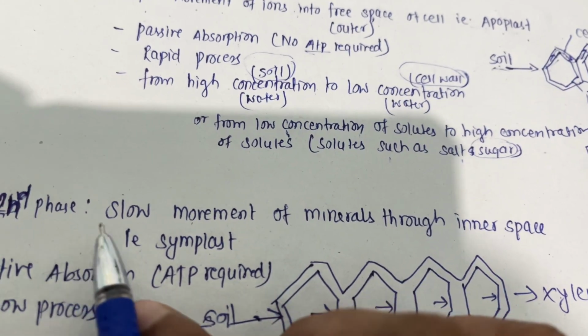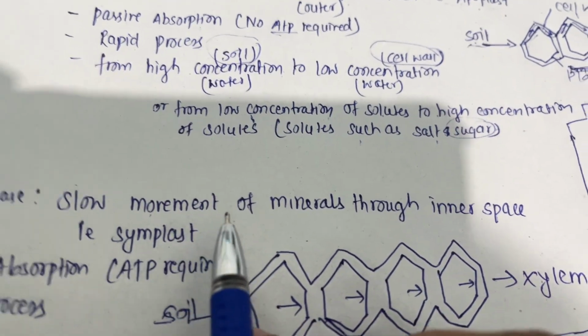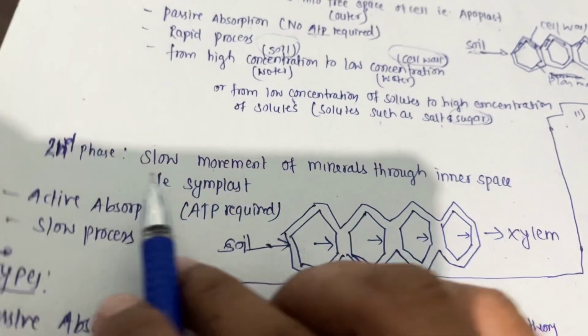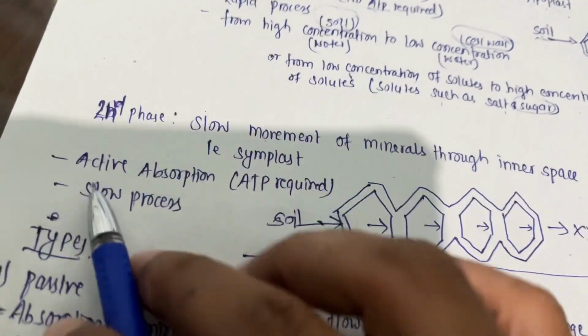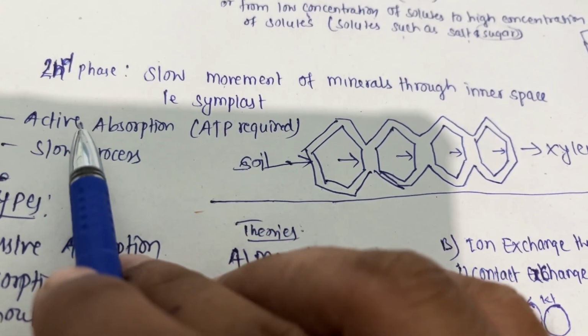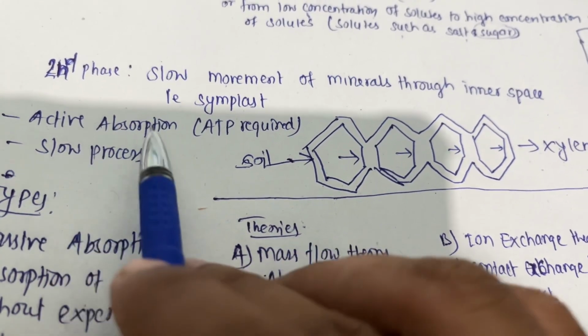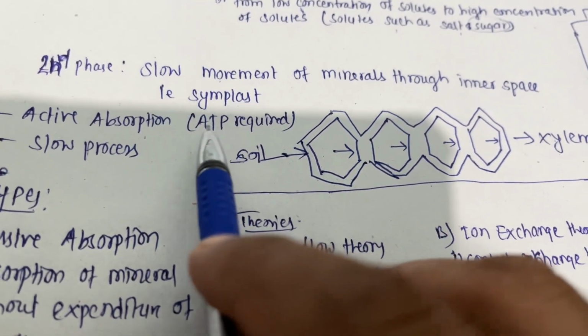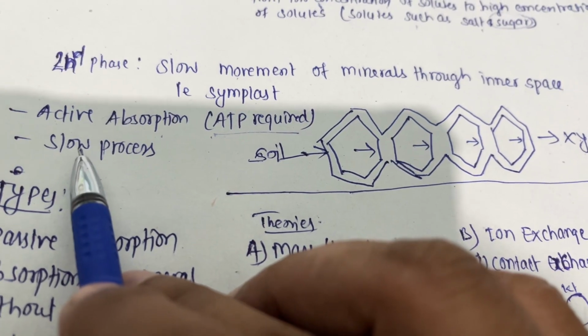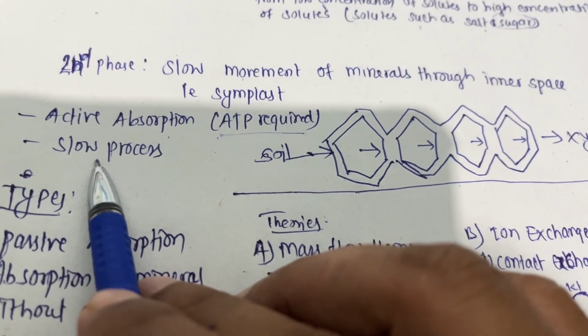In the second phase, there is the slow movement of minerals through the inner space, that is the symplast. In this phase, the absorption is active absorption, that is, here ATP is required, and this process is also a slow process.